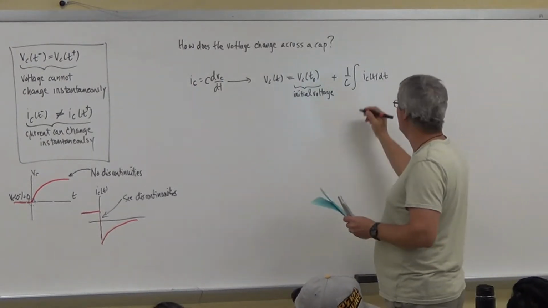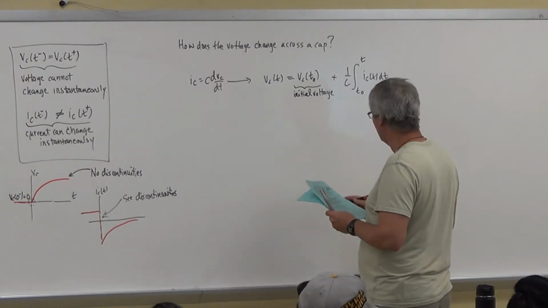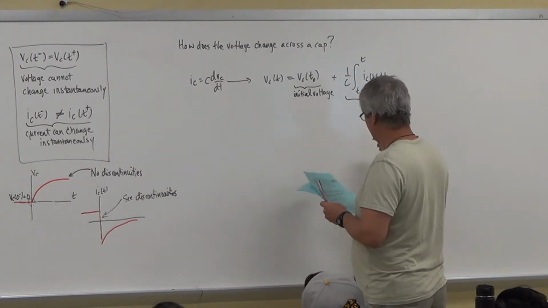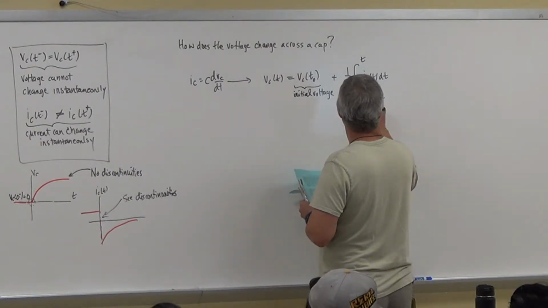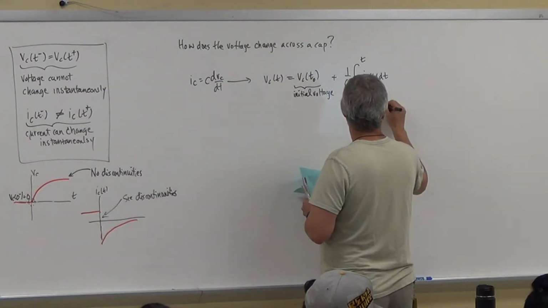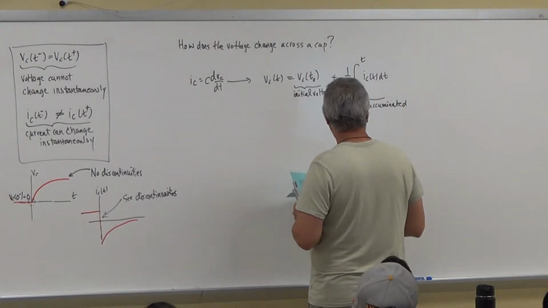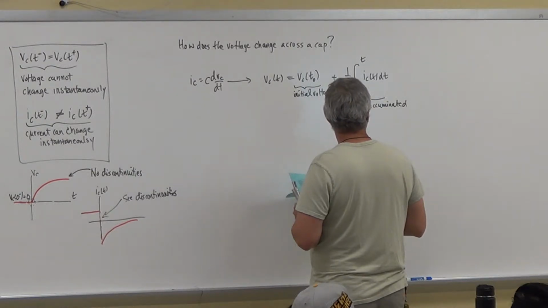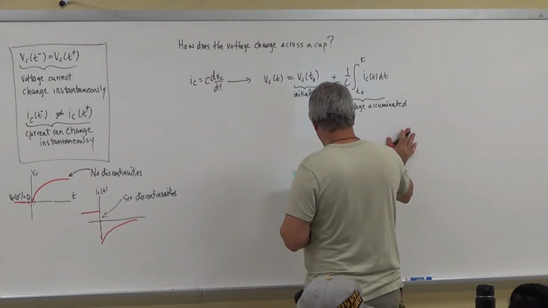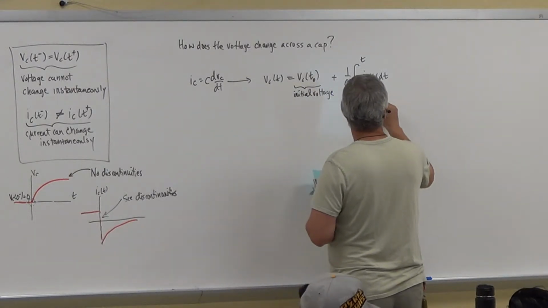And I'm assuming I'm going to go from some initial value to some final value. So if I look at this, this essentially tells me the voltage accumulated. Let's try one more time.